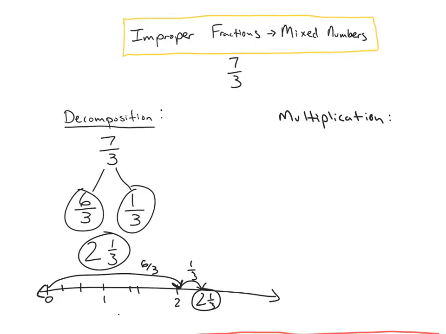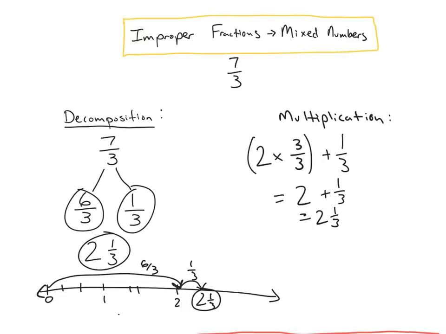I can also use the strategy of multiplication. In this case, I'm asking myself, how many copies of 3/3 can I fit into 7/3? I can make 2 copies of 3/3 because that's 6/3. And then that gives me 1/3 more. So 2 times 3/3 is equal to 2, plus the 1/3, which equals 2 and 1/3.